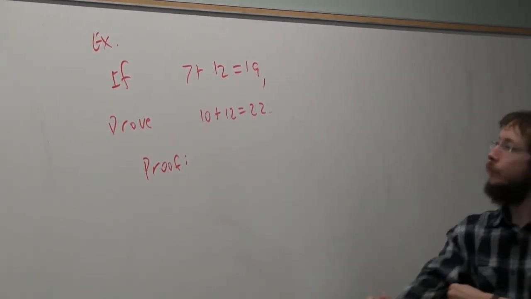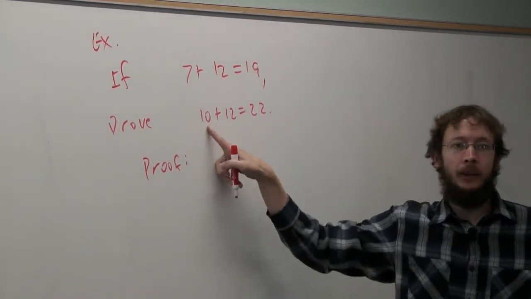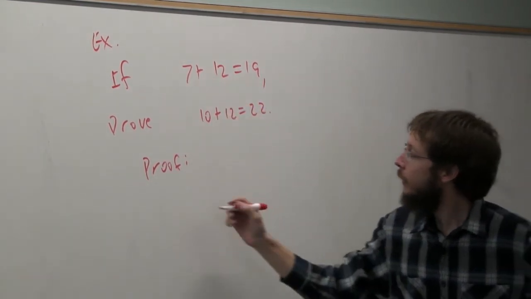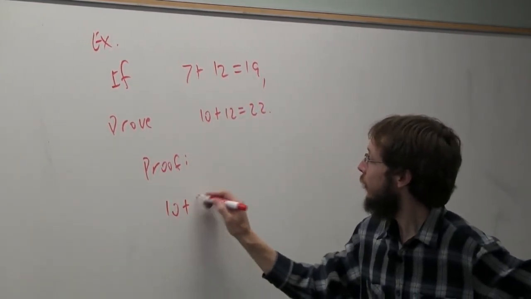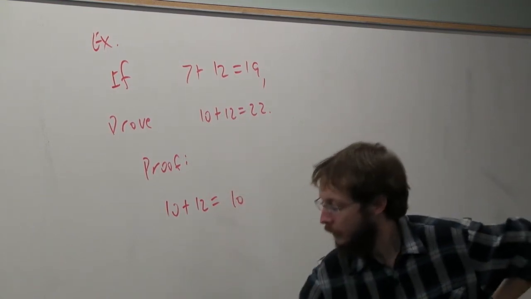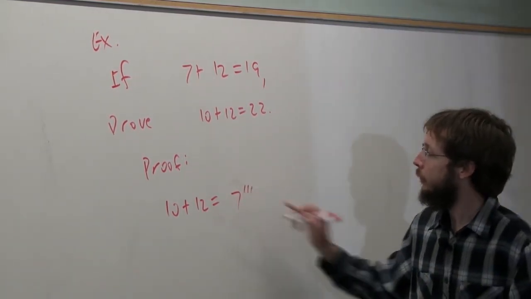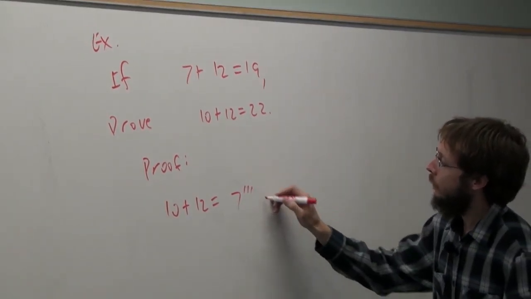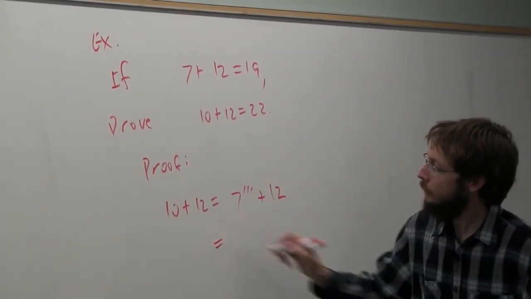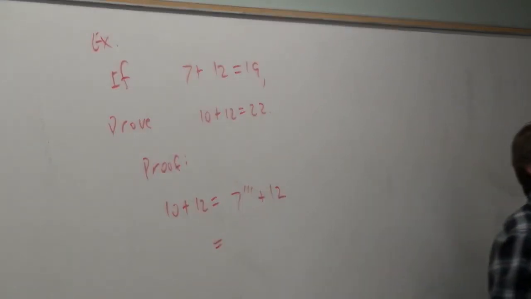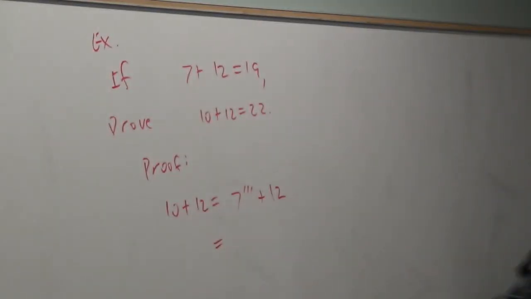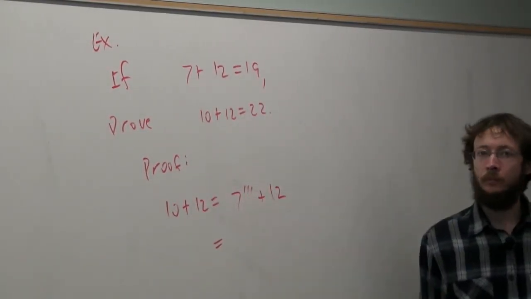And so we can rewrite 10 in terms of 7 successor, right? 10 is really the same as 7, successor, successor, successor. Right, that says 7, 8, 9, 10.